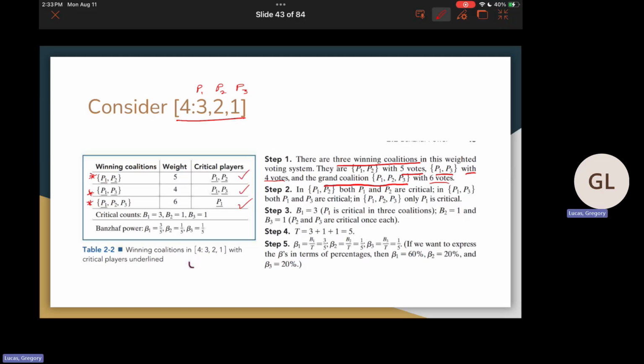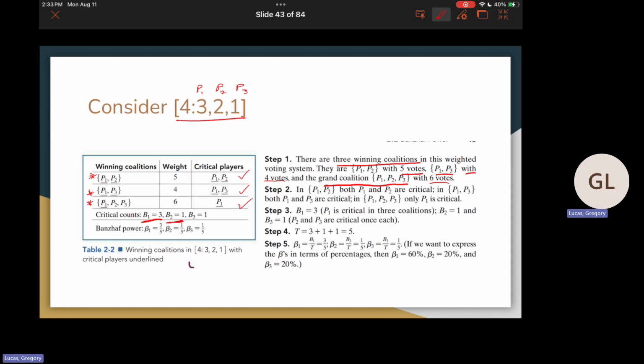The weight in the middle is just if you add those together, it shows it's a winning coalition, sorry. And then these are the critical counts. We underlined player 1 3 times. So sometimes we'll label it B1 is 3, which just means Banzhaf power of player 1 is 3.